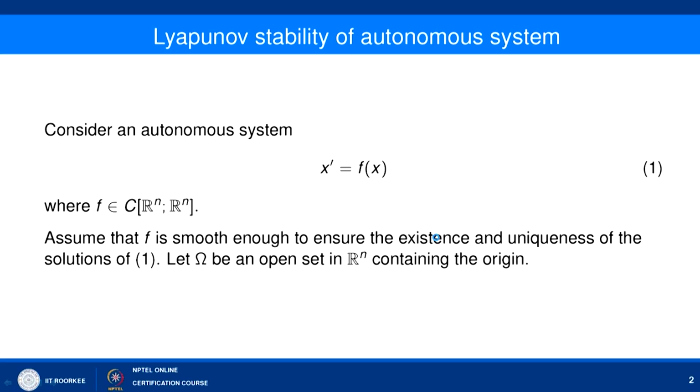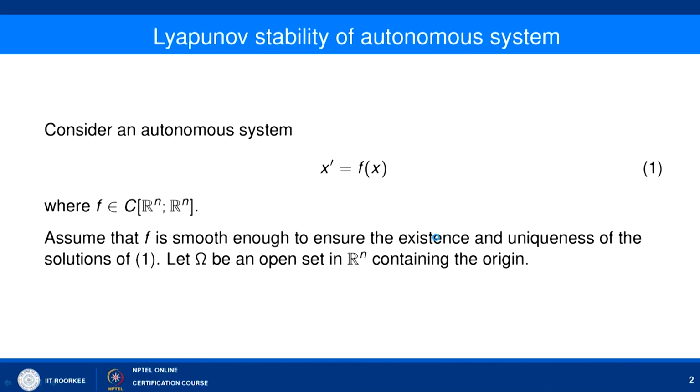So, it is an n cross 1 system, x is an n cross 1 vector, and assume that f is smooth enough to ensure the existence and uniqueness of the solutions. It means that we are assuming the dynamical system has solutions which satisfy the uniqueness conditions also. Let omega be an open set in R^n containing the origin.